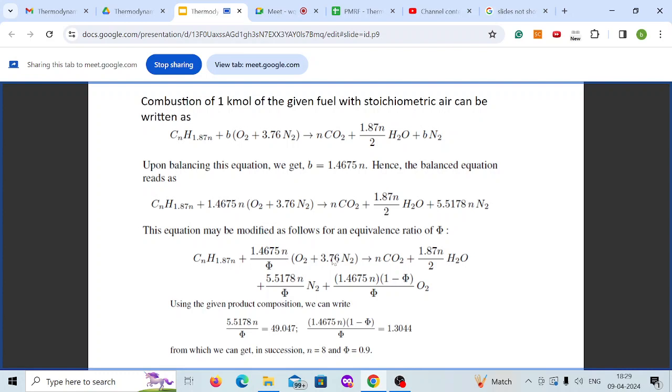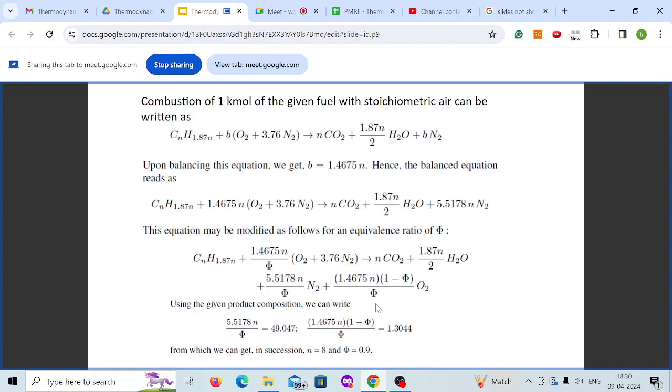This results in the same amount of carbon dioxide plus 1.87n by 2 of water, and nitrogen: the new amount is 5.5178n by phi, the actual amount of nitrogen present. Then, with an oxygen balance, you get 1.4675n into (1 minus phi) by phi, which is the amount of oxygen present.